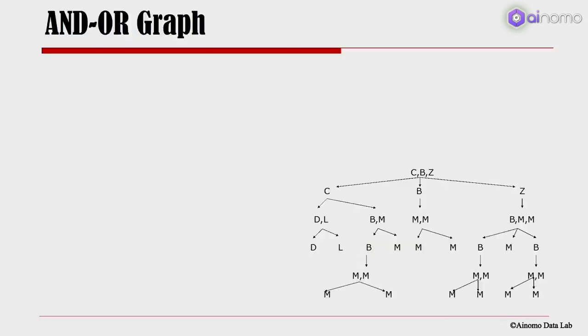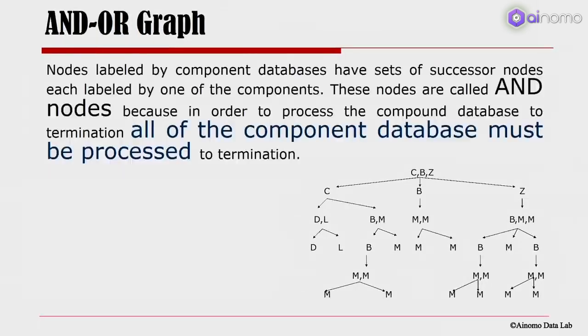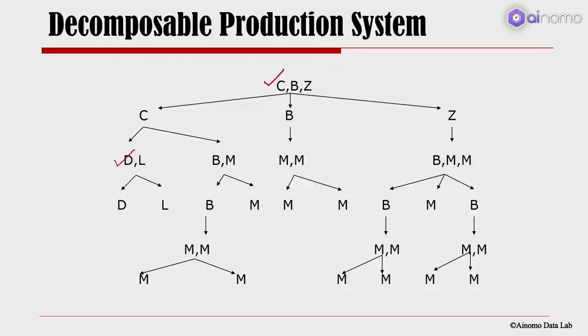Now, one thing to note here is a very important property that we want to explore. If you look at here, at this point, all of C, B and Z need to be brought to termination. All of these paths are important. But at this point, when I think of rewriting C as either DL or BM, I can rewrite only one way.